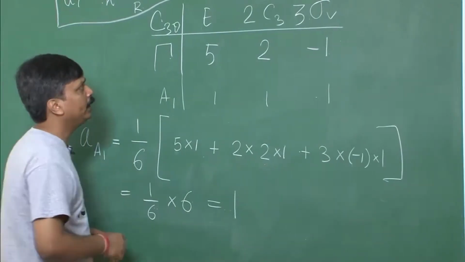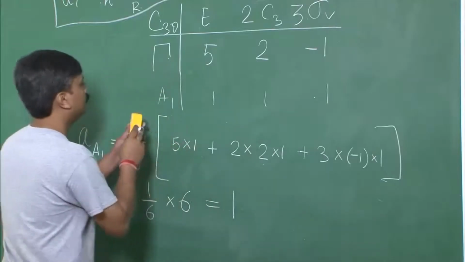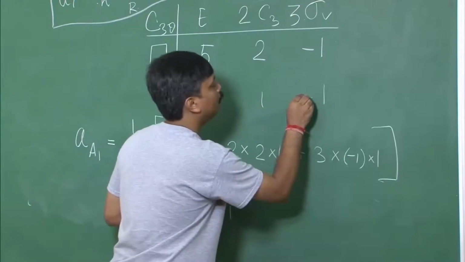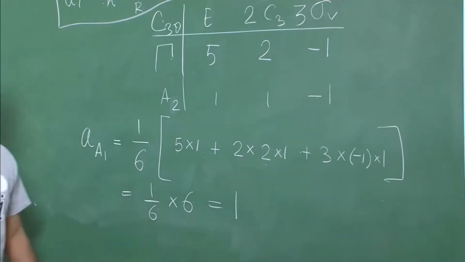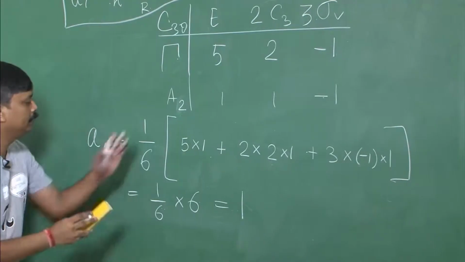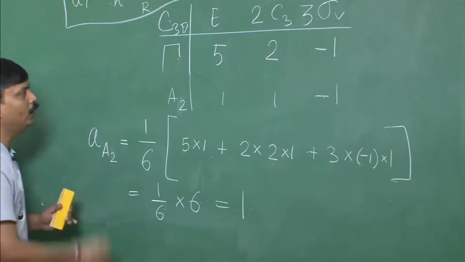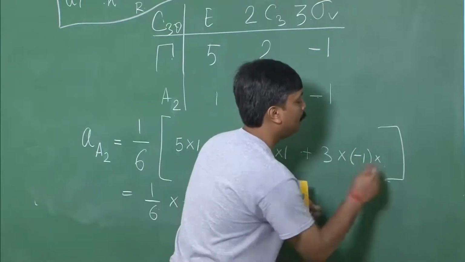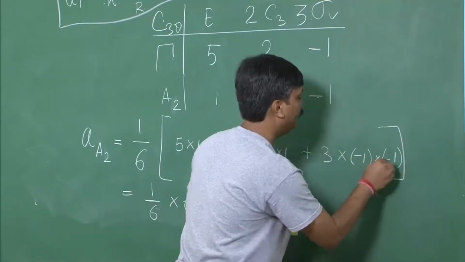What was A2? A2 was 1 1 minus 1, right. So now if I try to find out A2, I will utilize this same platform. The only thing I have to do here, instead of plus 1, I will have minus 1 again, right.